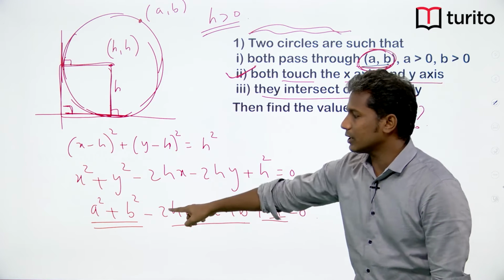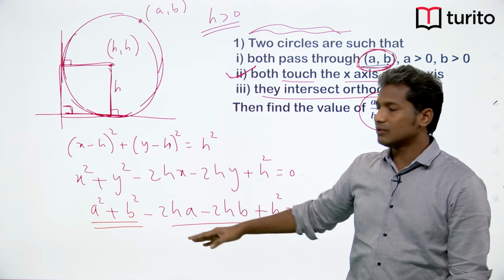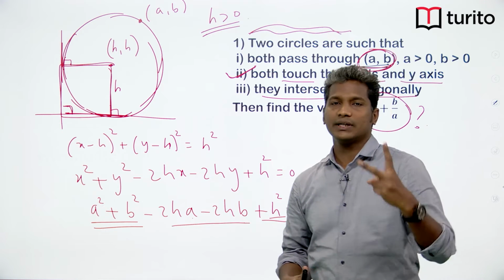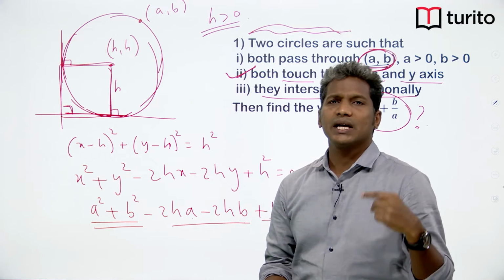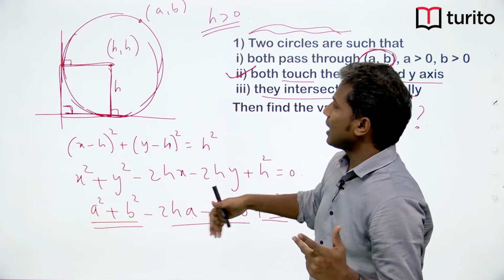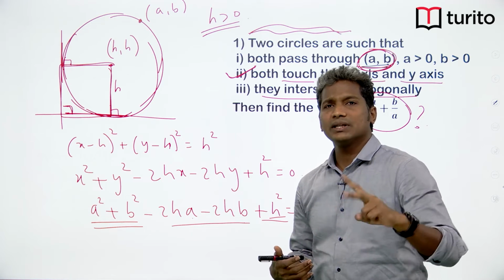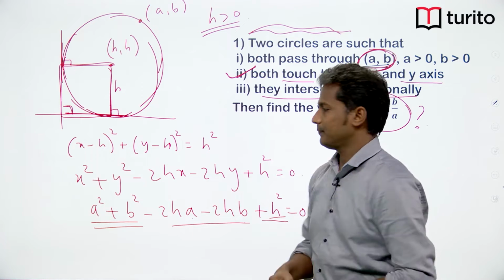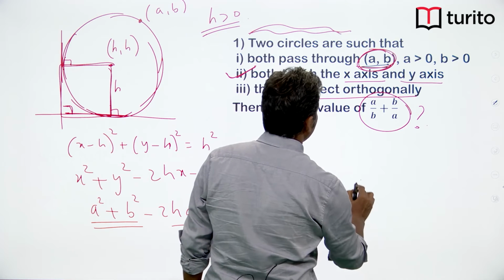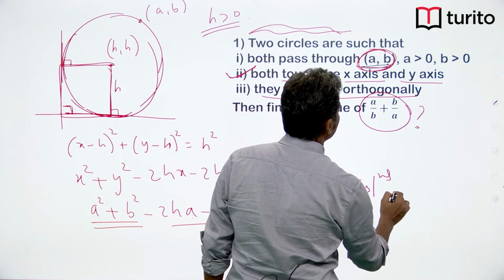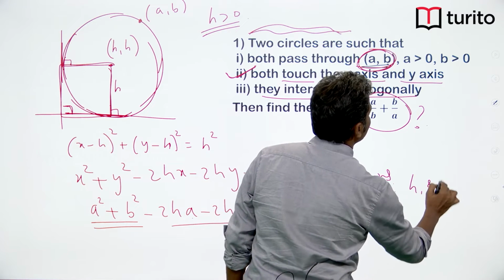Here we got a quadratic equation in H. Now, if I solve it, I will get two solutions for H. If I name the solutions as H1 and H2, then I will be getting two different circles for these two values of H. Okay. So, let us say I take the solutions here as H1 and H2.